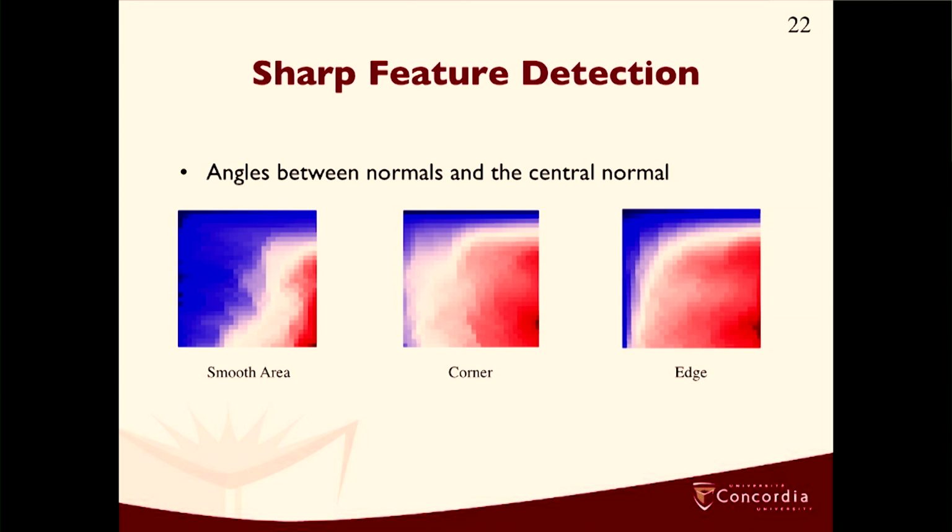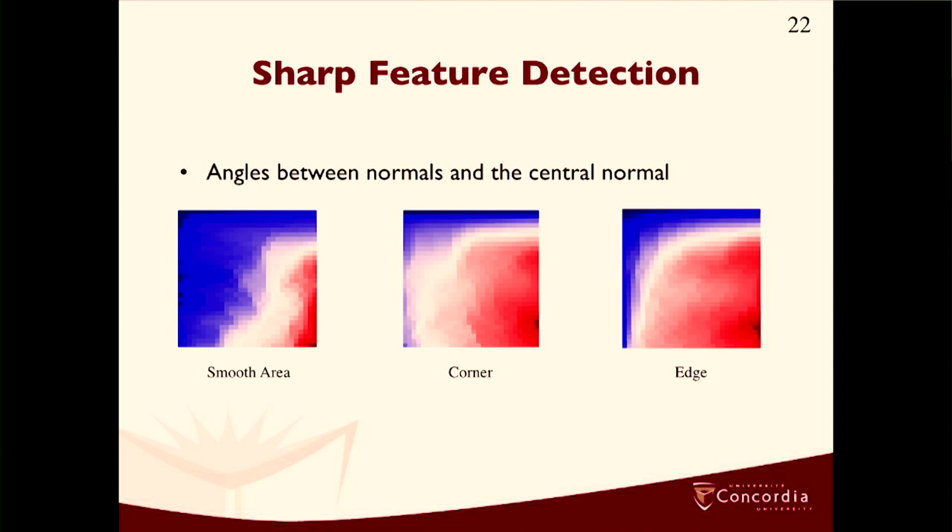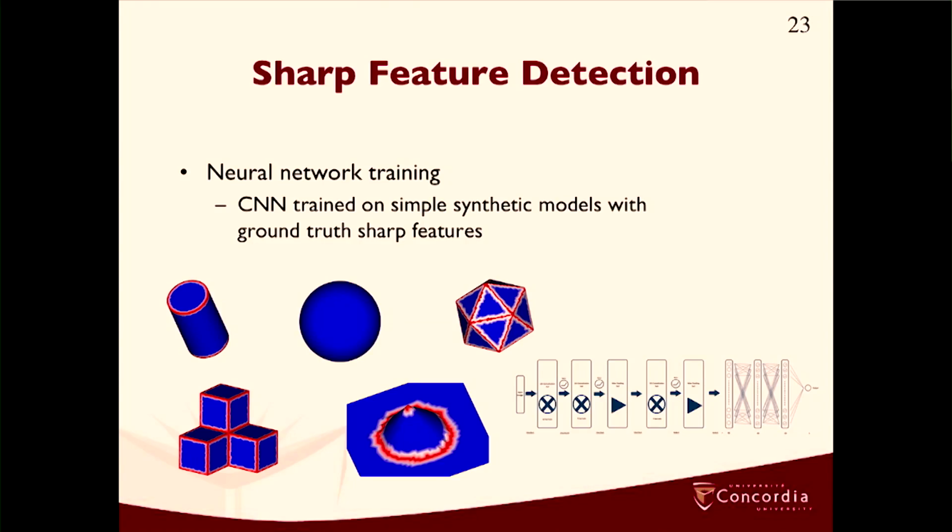And you will notice that if you arrange these angles, they actually form particular patterns which depend on whether you're at a corner or an edge or a smooth area. At this point, we've essentially reduced this geometry problem to an image processing problem, which is great for convolutional neural networks. So we just train our CNN on this type of data using some simple synthetic models.